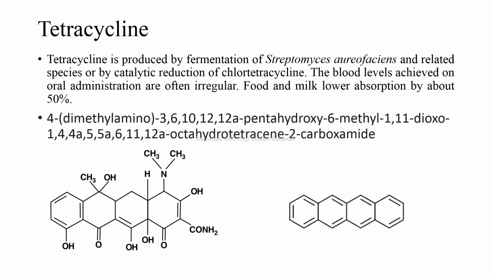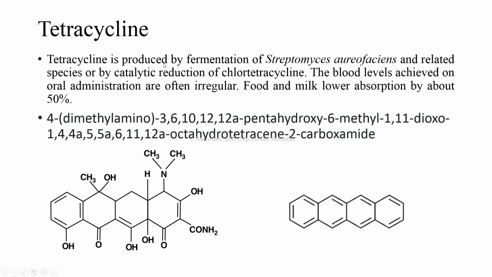So the first drug of the tetracyclines is tetracycline itself. Tetracycline is produced by fermentation of Streptomyces aureofaciens species and related species.